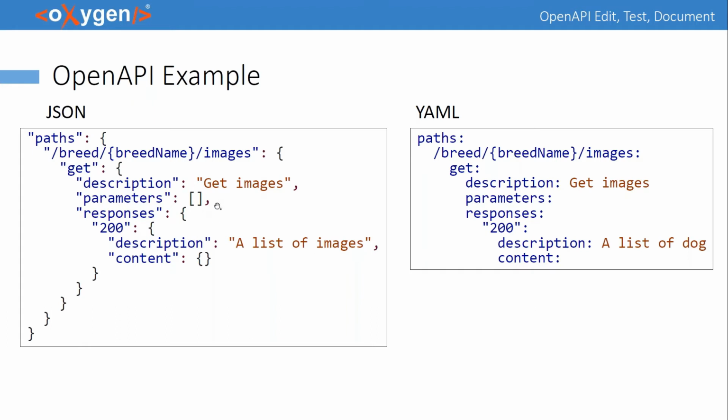In the parameters, you define the parameters for your operation, and in the response, you define in the content how you expect to have the response. And I will show you some examples. Similarly, you see in the YAML format the same example.